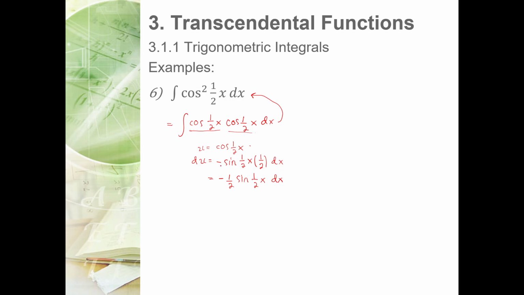Notice that the given derivative is not present in your given equation. There's no negative 1/2 sine 1/2 of x dx. Right? Meaning we cannot use the u-sub technique in this particular problem.